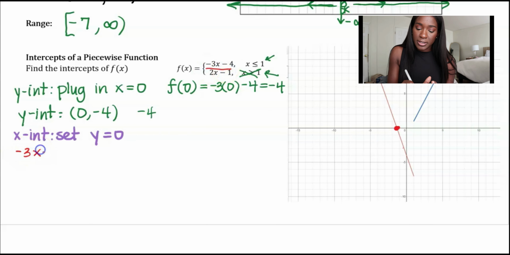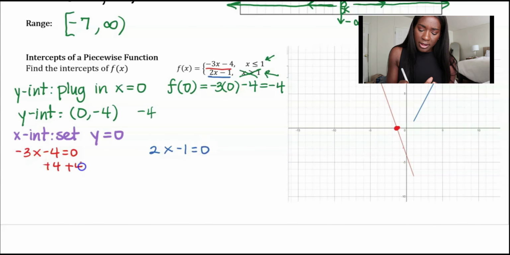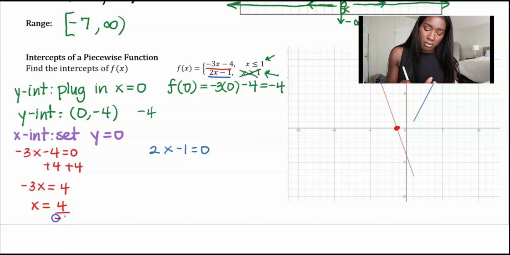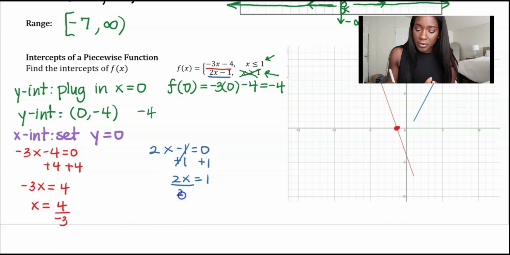It has the red piece, and it has the blue piece. And I'm going to solve both of these equations. Solving the red equation, I'll add 4, -3x equals 4, x equals 4 over -3, -4/3. Solving the blue piece, add 1, 2x equals 1. I'll divide both sides by 2. x is equal to 1/2.